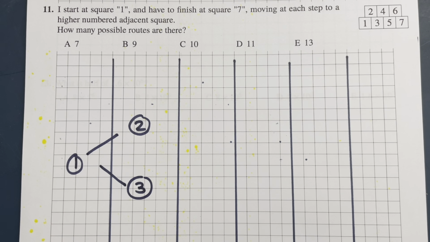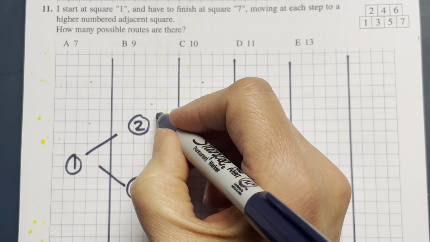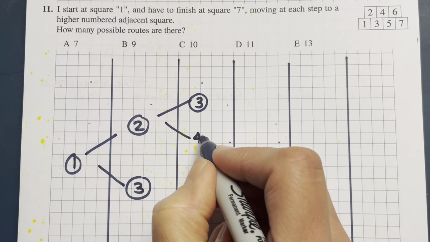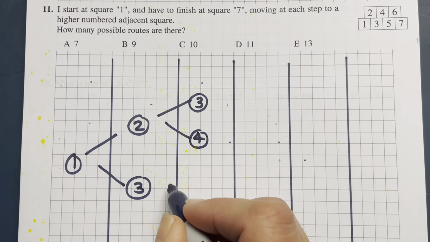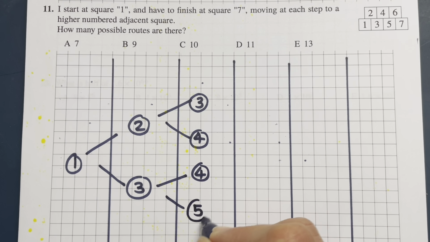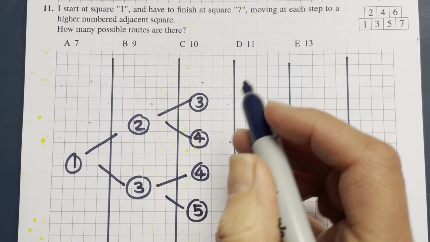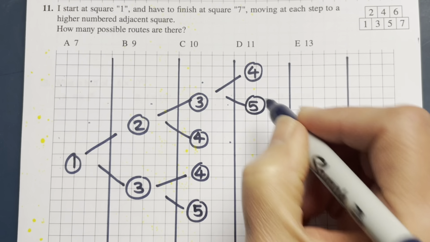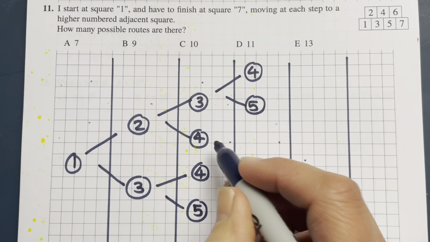From 2, I have the choice of going to either 3 or 4. And from 3, I have the choice of going to 4 or 5.